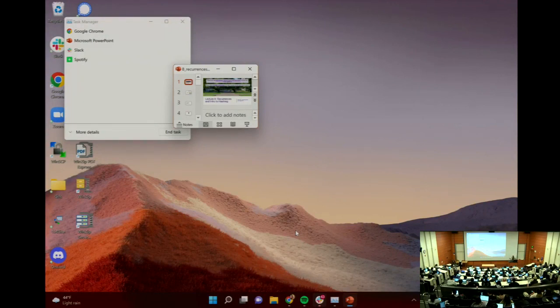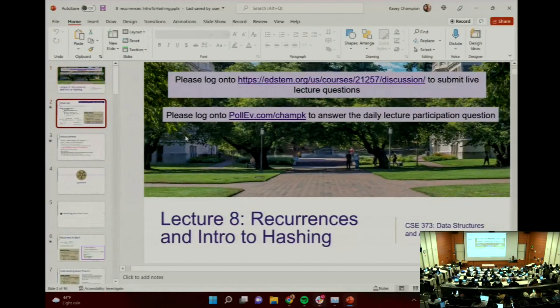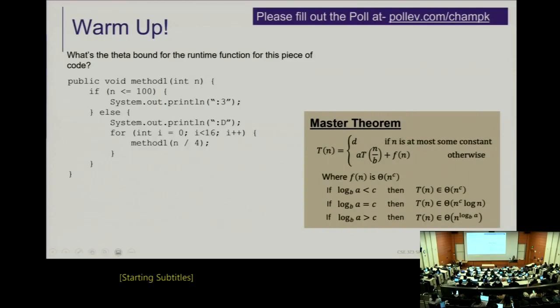There's no equations in Google Slides. How is this company functioning without equations in one of the most important productivity tools that we create? Okay, let's see. Second time.